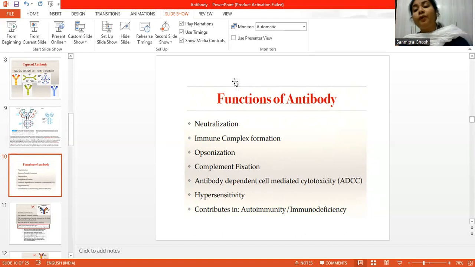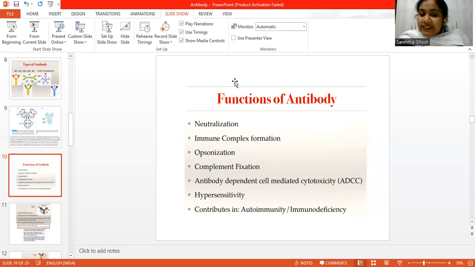Apart from that, different complement split products are also produced, which can act as anaphylatoxins, or which can play a very important role in eradication of the bacterial infection as well as viral infection. They can also cause the disruption or rupturing of the cell membrane by insertion of the MAC complex into the plasma membrane of the bacterial cell.